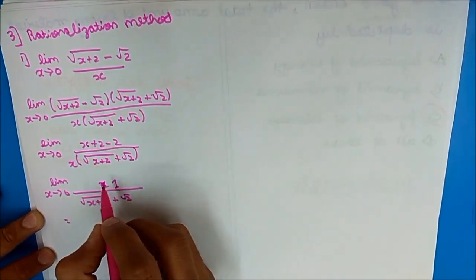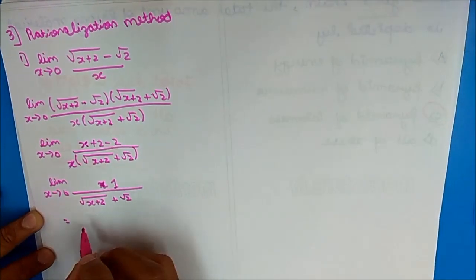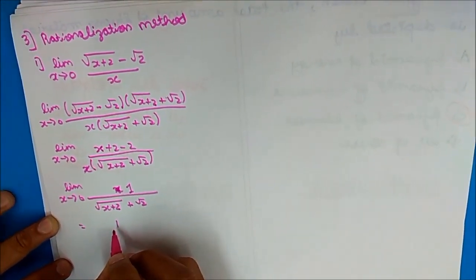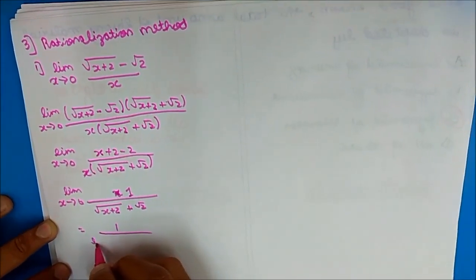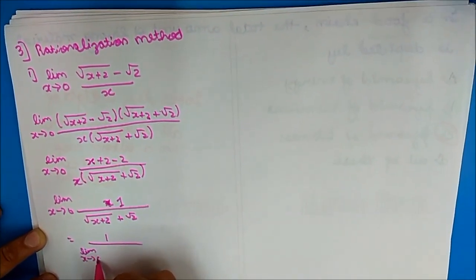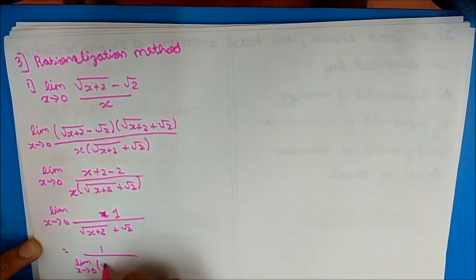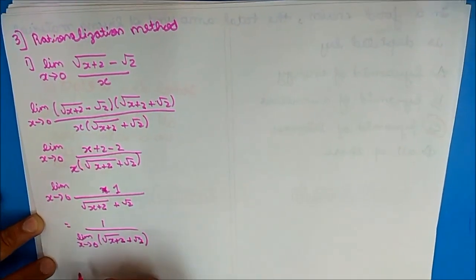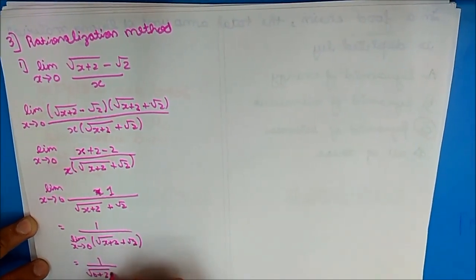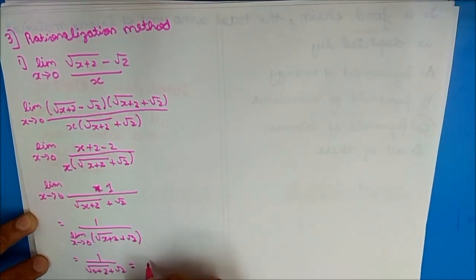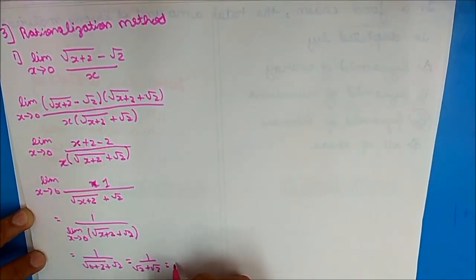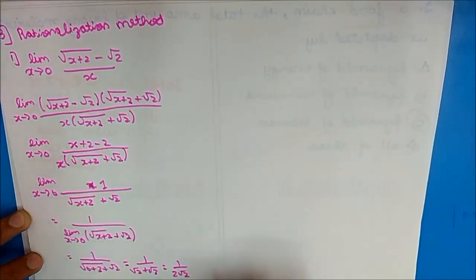It will become 1, this x will get cancelled. 1 upon limit x tends to 0, root of (x + 2) plus root 2. 1 upon root of (0 + 2) plus root 2 will give 1 upon root 2 plus root 2, is 1 upon 2 root 2.